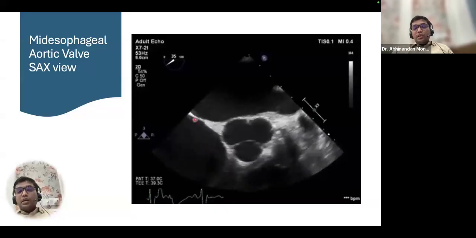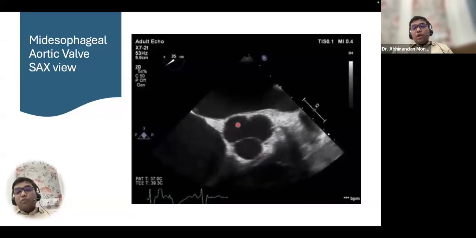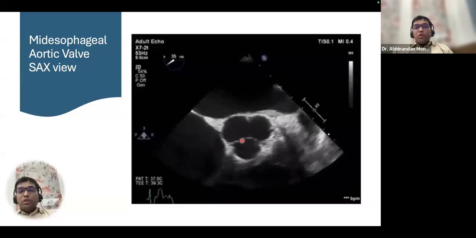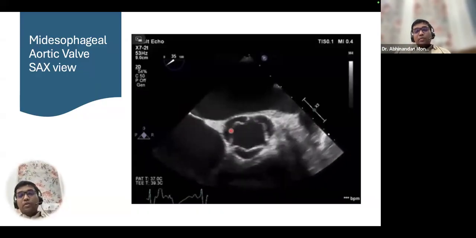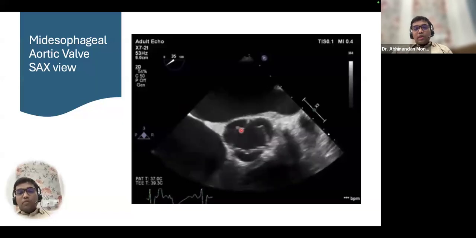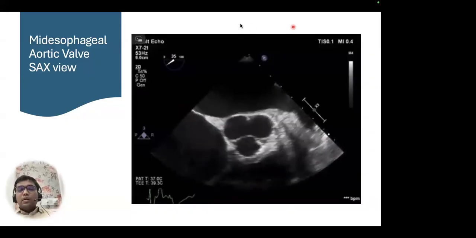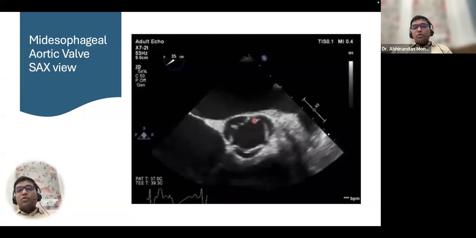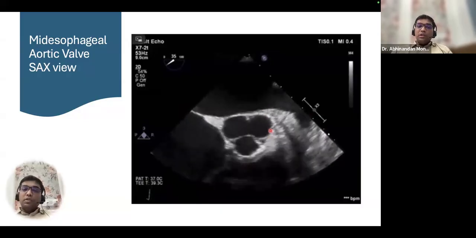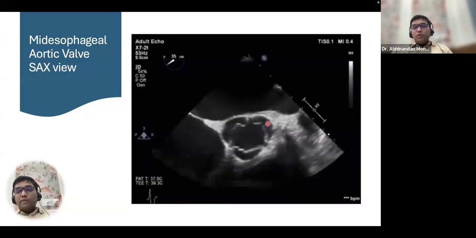And another thing to mention, the cusp which corresponds to your interatrial septum is always your, what is the leaflet? Non-coronary cusp, NCC. Yes, it is the NCC, non-coronary cusp, and the rest of the cusp which is left is the left coronary cusp.